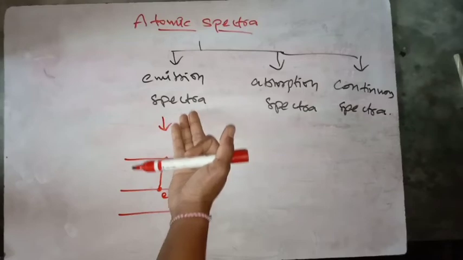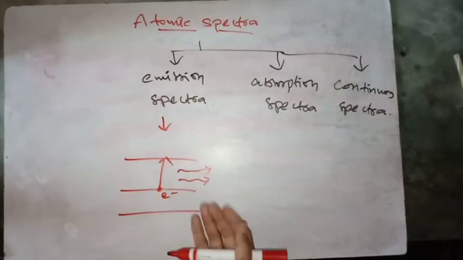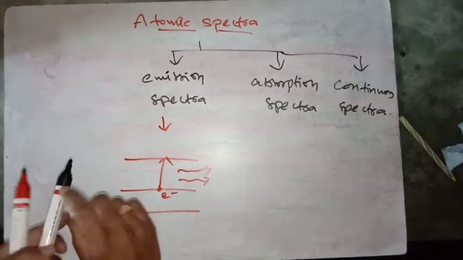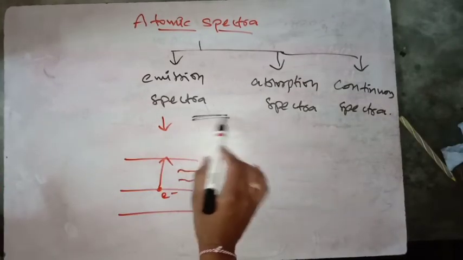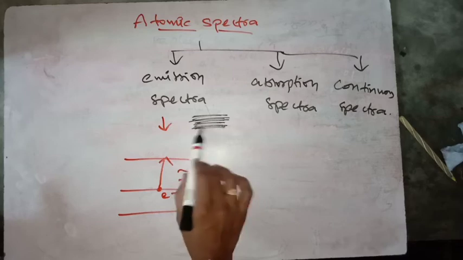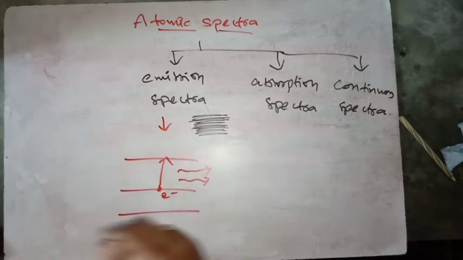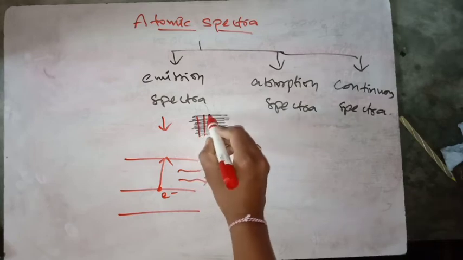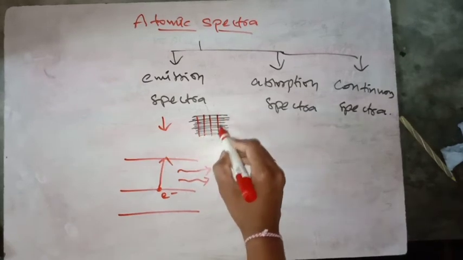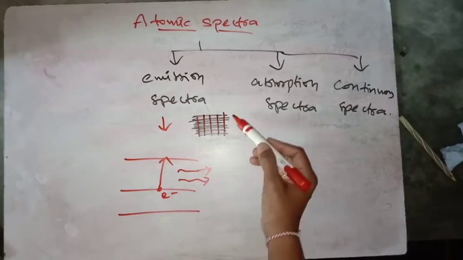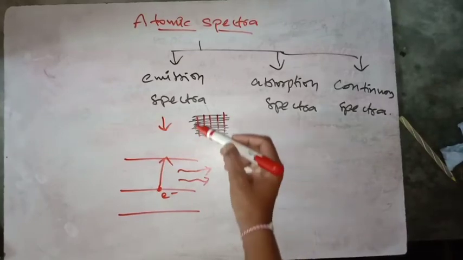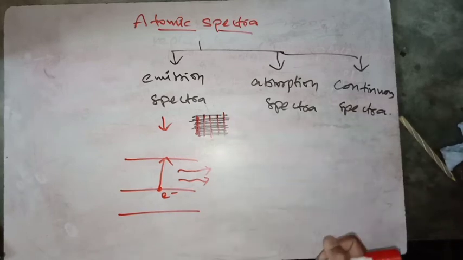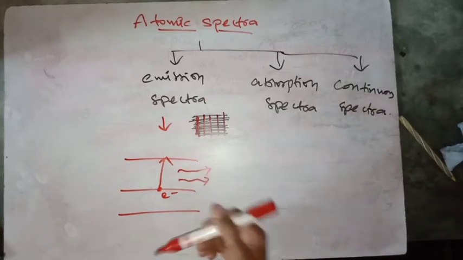Then the obtained spectrum is known as emission spectrum, and you will find the bright lines on the dark background.